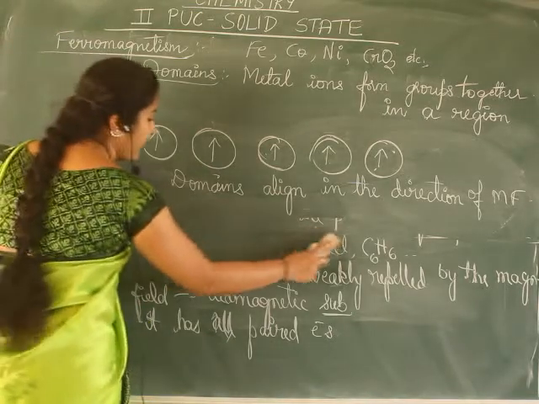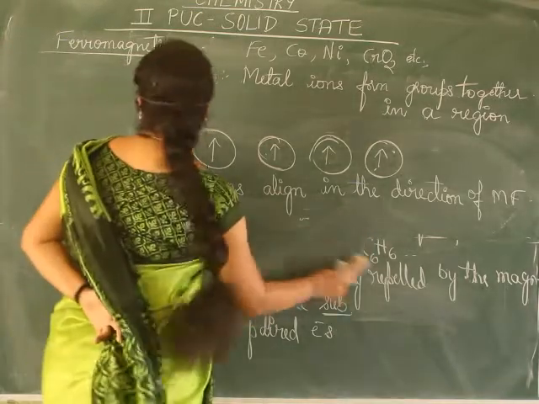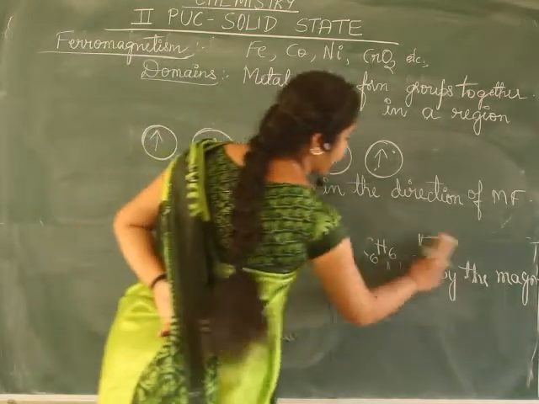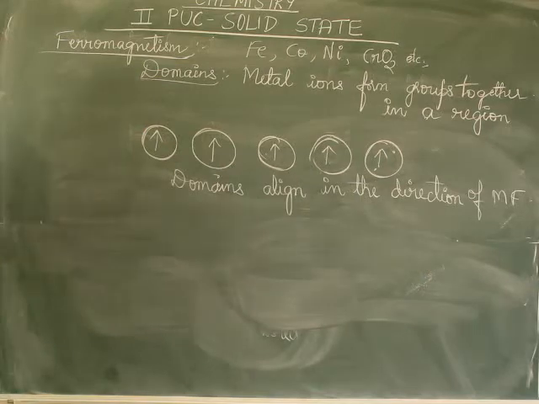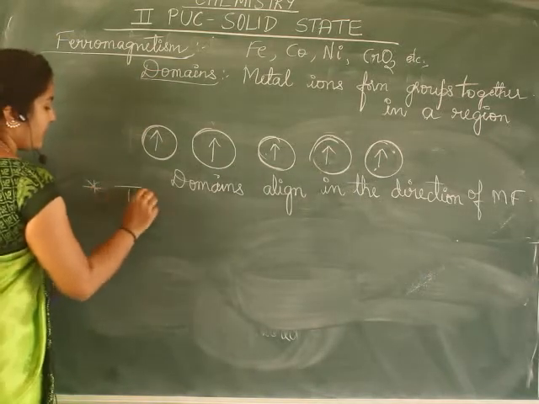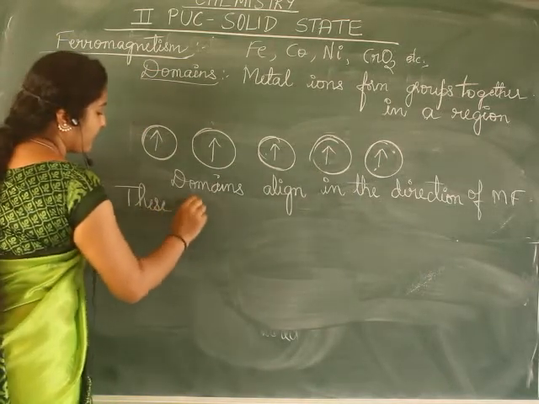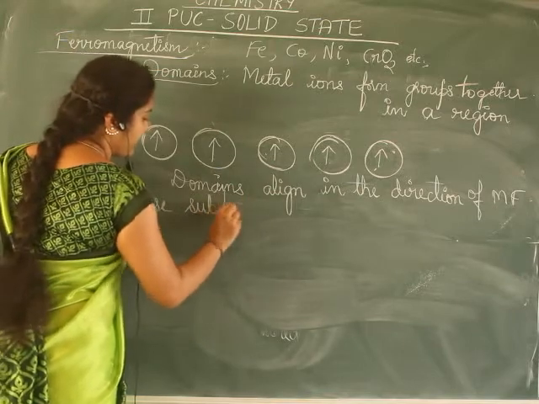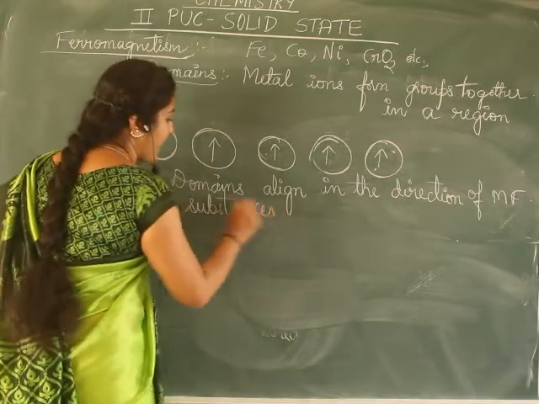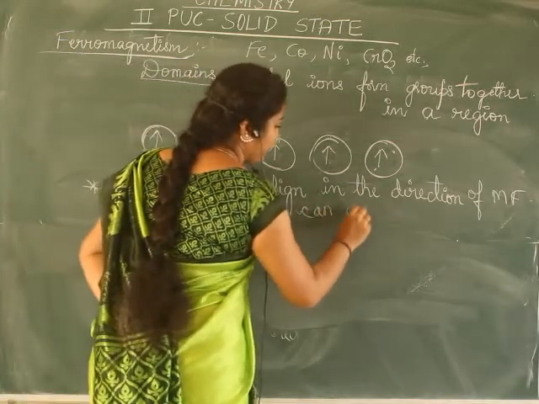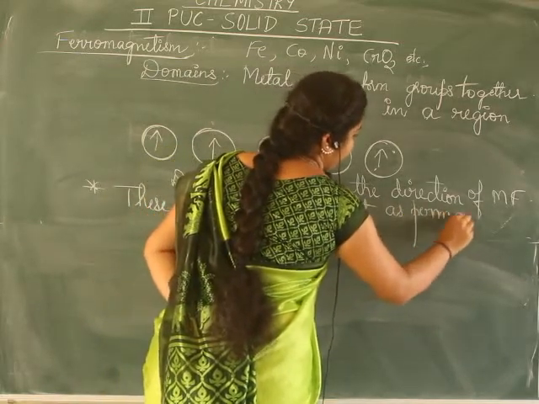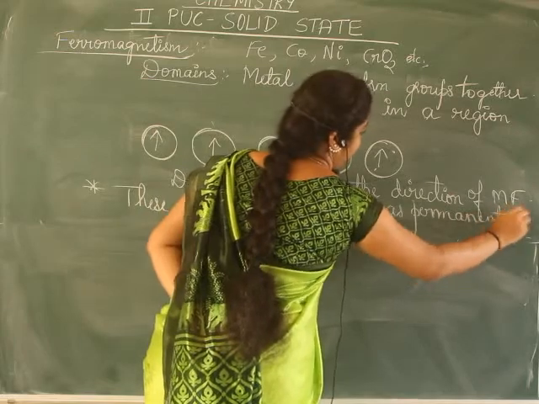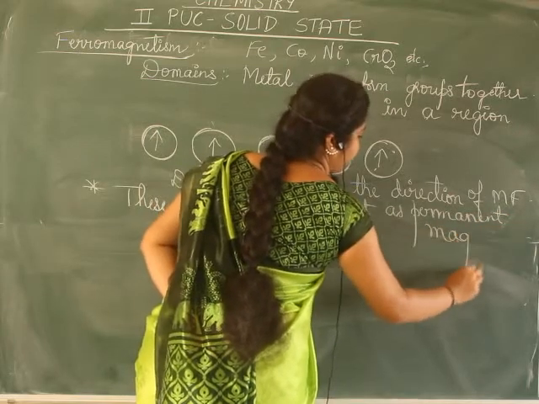We also call ferromagnetic substances permanent magnets.